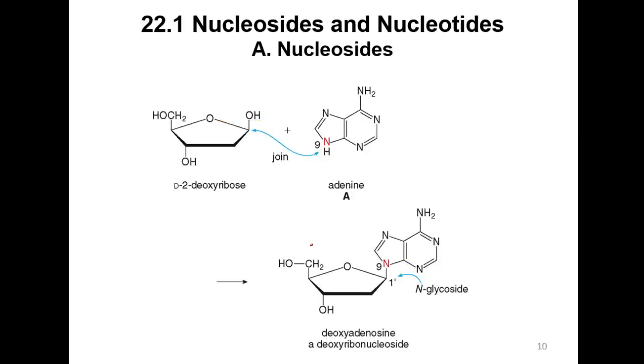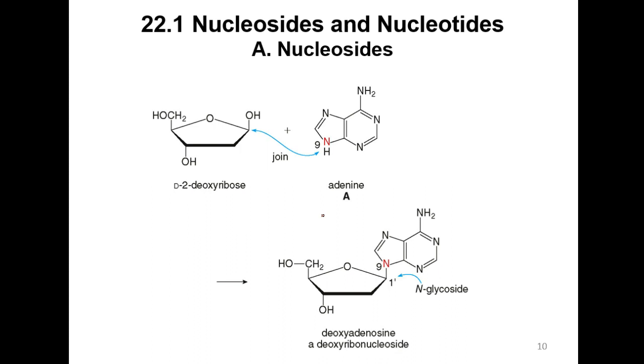Hold on one second. I guess here now they're just showing a picture of a deoxyribose with adenine to form deoxyadenosine. So this is what they were talking about with the names on the previous slides.